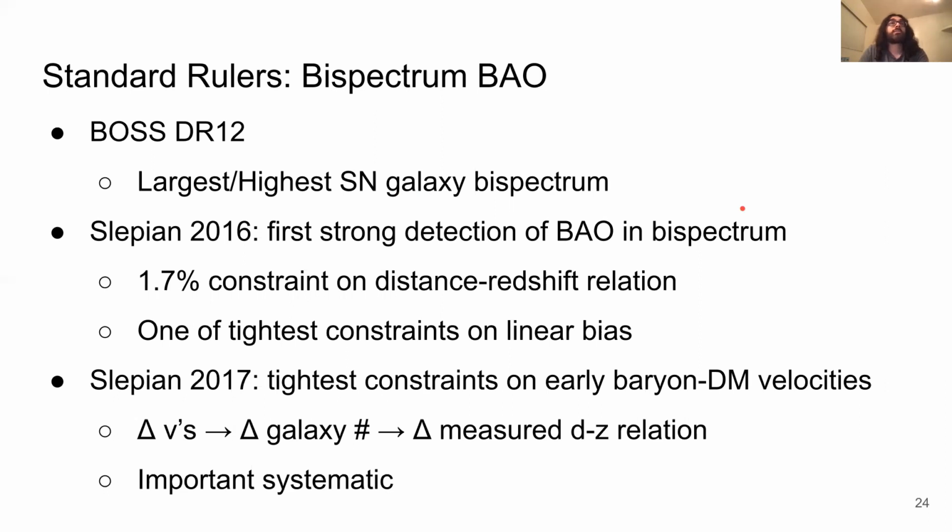And what they found, analyzing that data, was that the BAO actually did have an impact in the bispectrum. And this is the first really strong detection, up to about 4.5 sigma, of BAO in the bispectrum.